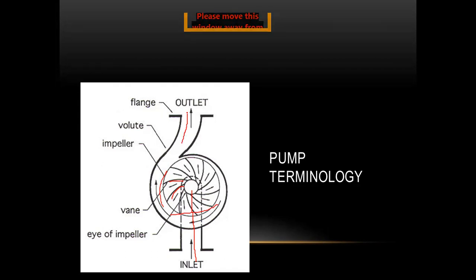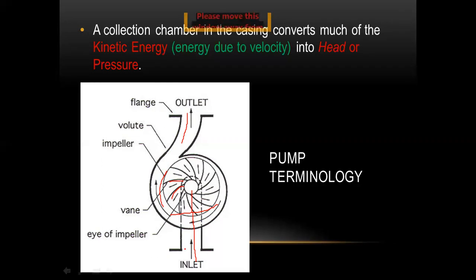If you get any question like draw the line diagram of a pump, you can draw this figure. This is a flange, this is a volute, this is an impeller, these are the vanes, this is the eye of the impeller, this is the inlet, right? So a collection chamber in the casing converts much of the kinetic energy into head or pressure. That is nothing but the simple concept of a centrifugal pump.